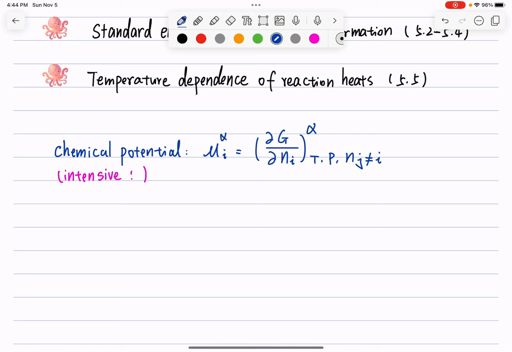For example, if the summation of the chemical potential times the change of number of moles for all phases and all substances, so mu_i^alpha dn_i^alpha, equals 0, then we say our system is at material equilibrium.